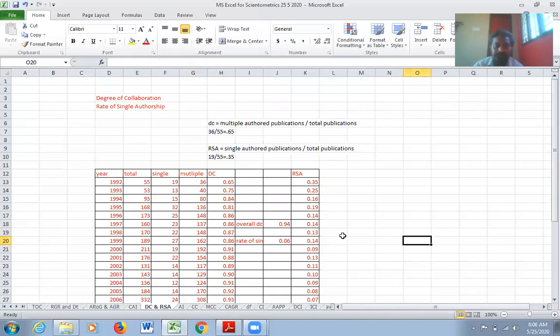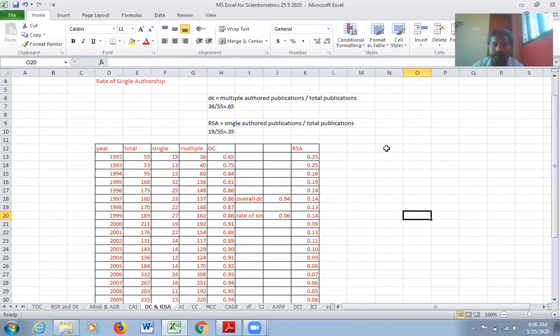Then comes degree of collaboration and rate of single authorship. See, degree of collaboration is equal to multiple authored publications divided by total publications. Right. So if we take how many papers are published in 1992 and how many multiple author papers are published in that particular year.